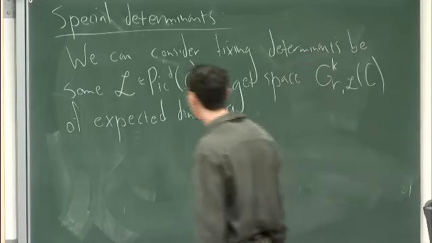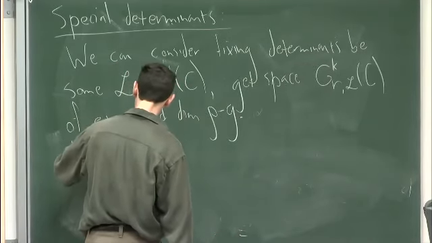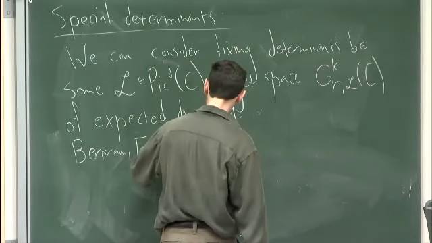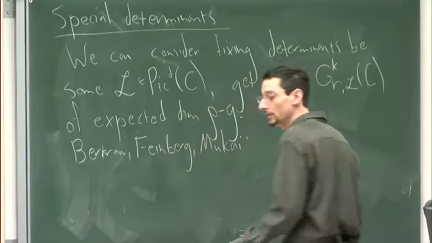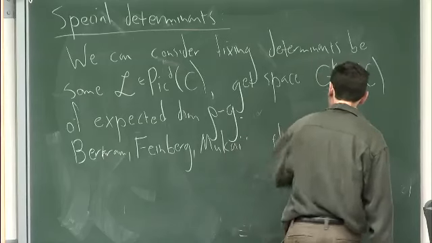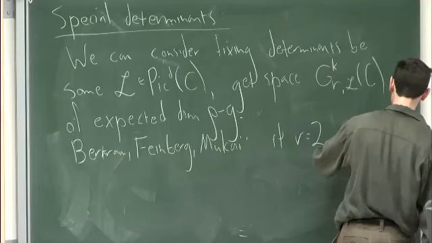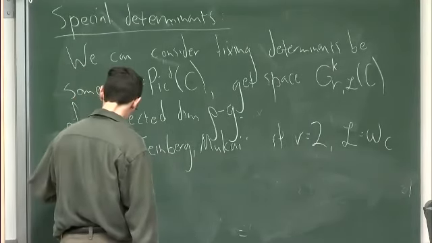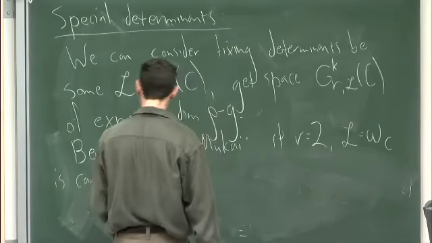So what Bertram, Feinberg, and Mukai noticed was that if you consider the special case that the vector bundles are rank 2 and L is the canonical line bundle on C, then actually you get a larger expected dimension.